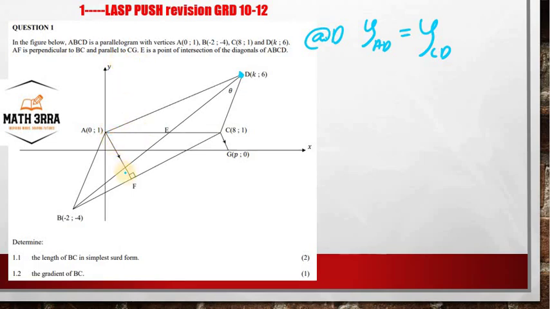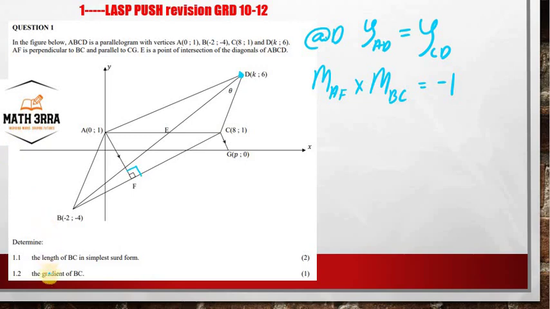AF has a 90-degree angle with BC. That is to say, the gradient of AF multiplied by the gradient of BC is equal to what? -1.